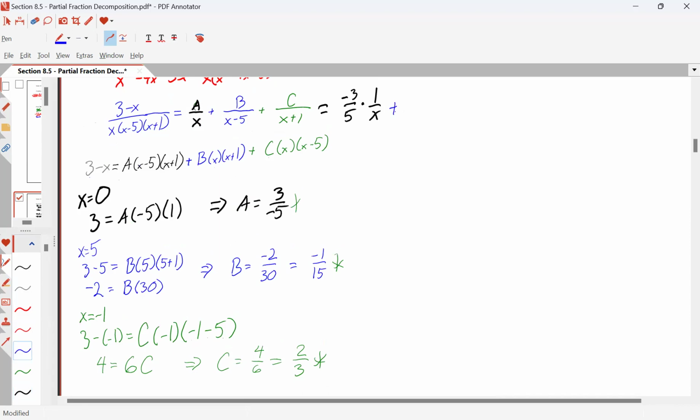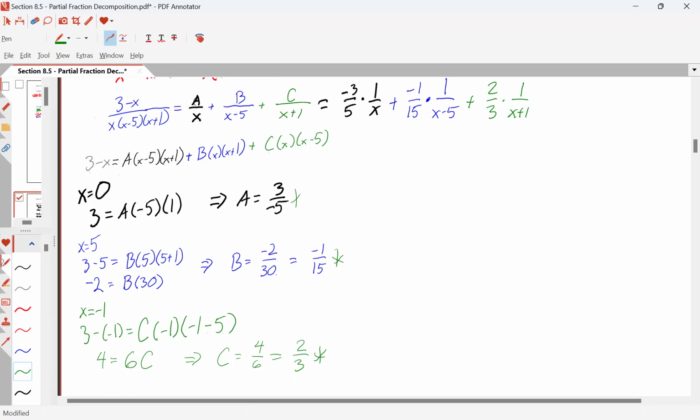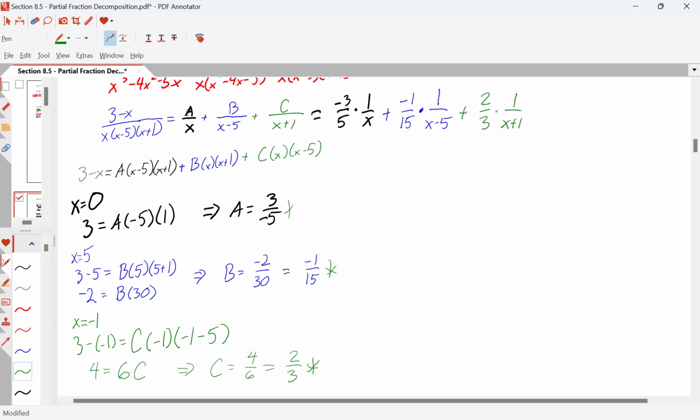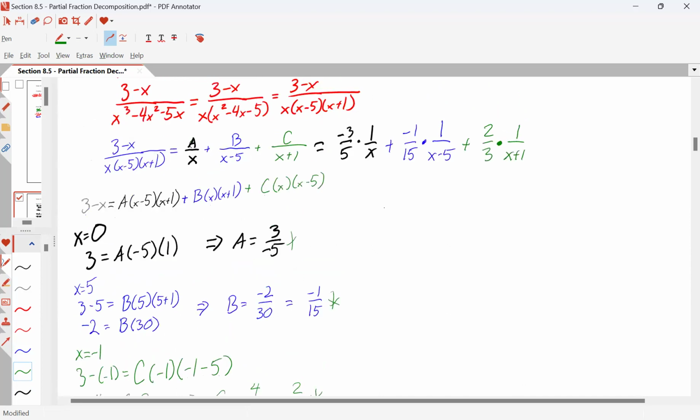Plus negative 1/15 times 1 over x minus 5 plus 2/3 times 1 over x plus 1. Because 2/3 is C. So we get these three fractions that are going to be a lot easier to integrate.